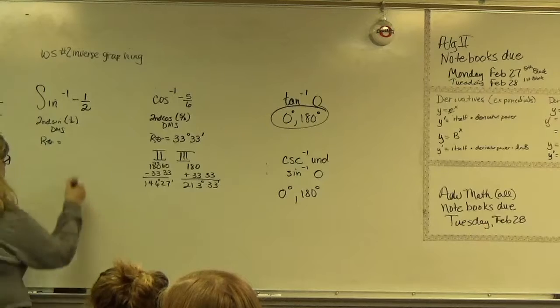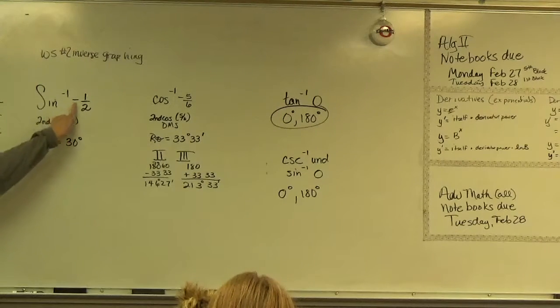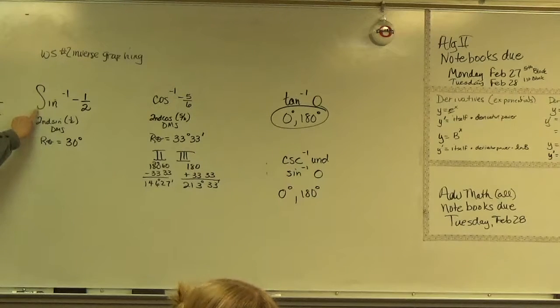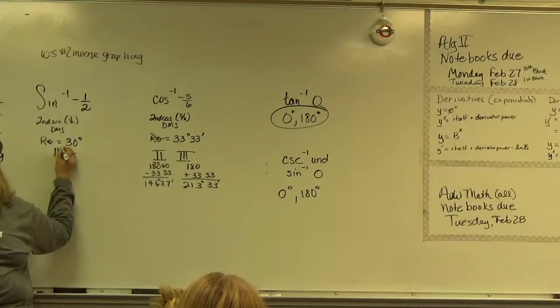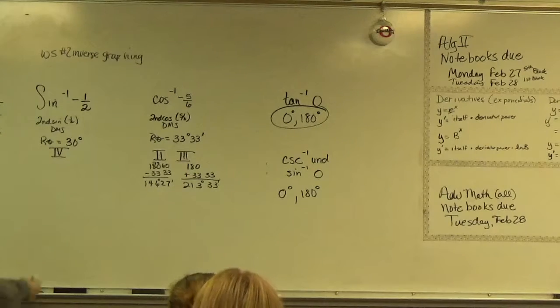Just 30 degrees. 30 degrees, comes out nice. But since this is negative and this is a principal value, you take where sine is negative, which is only the fourth quadrant. So to place an angle in the fourth quadrant, what do I need to do? 360 minus 30.